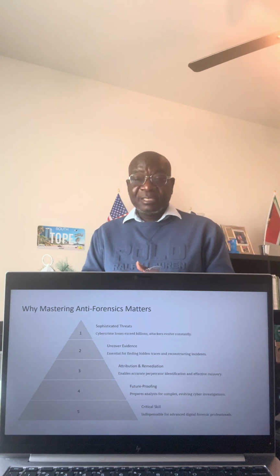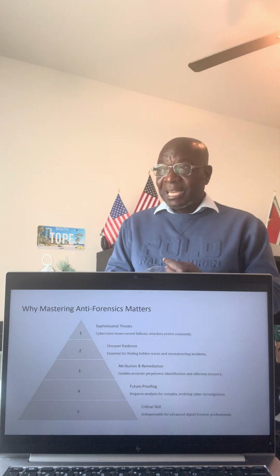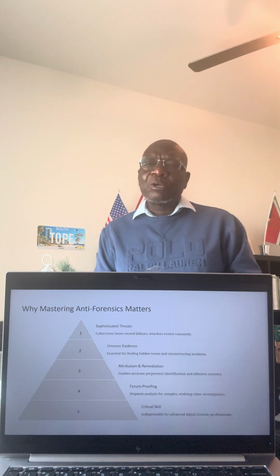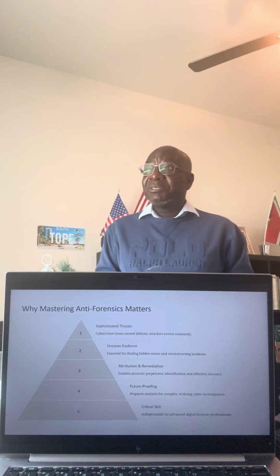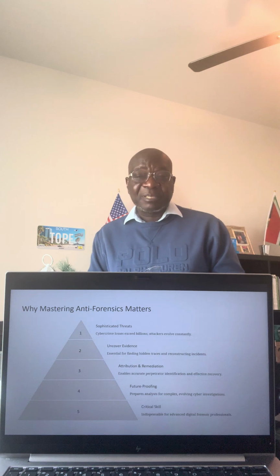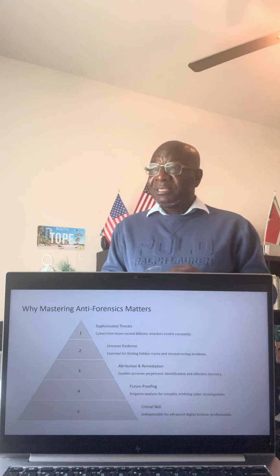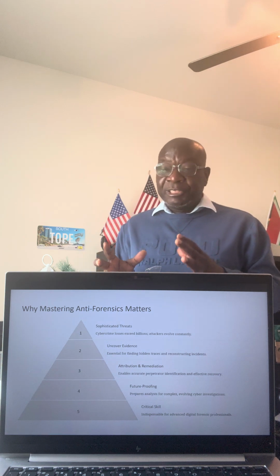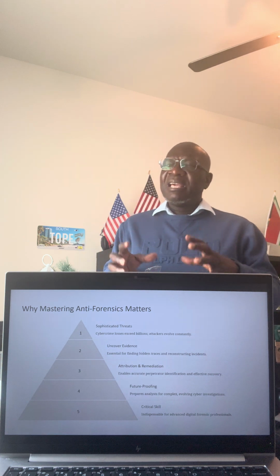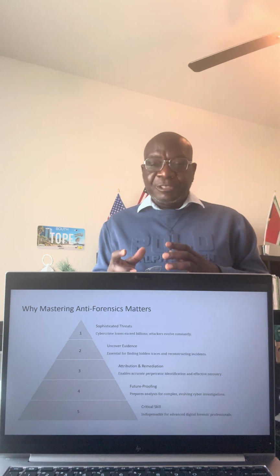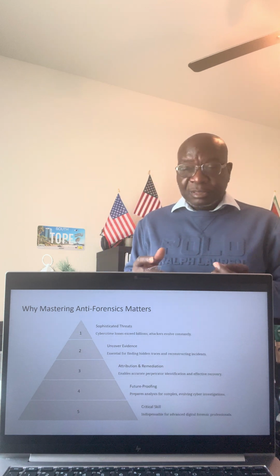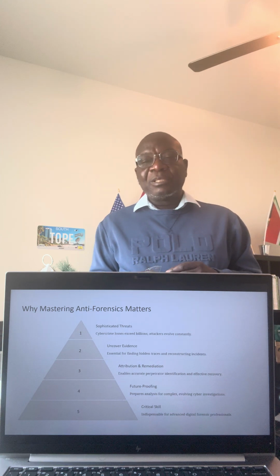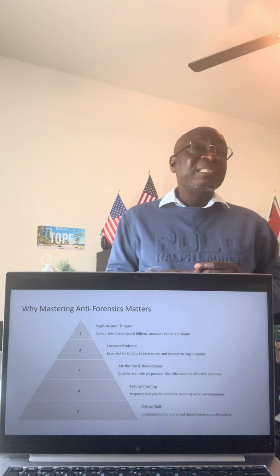The FBI needs people with this critical skill. The police need this skill. In fact, virtually all law enforcement agencies need it, even the judicial system. So it's indispensable for an advanced digital forensic professional.